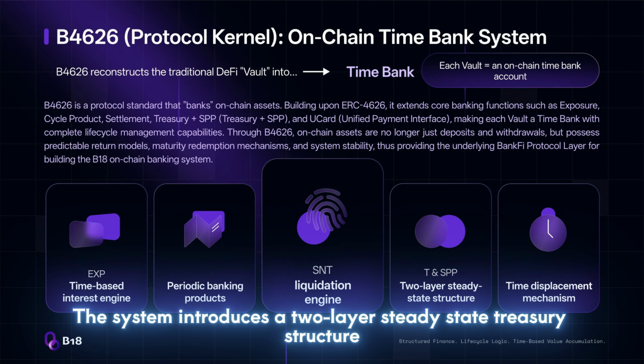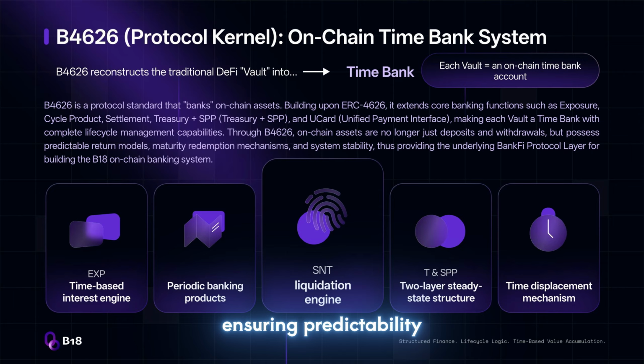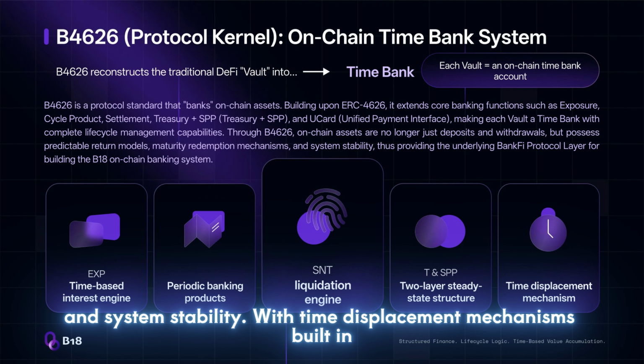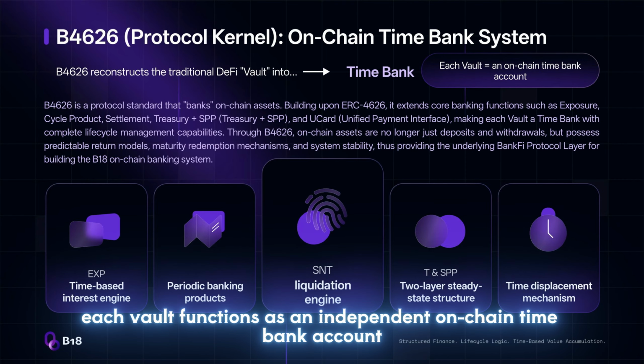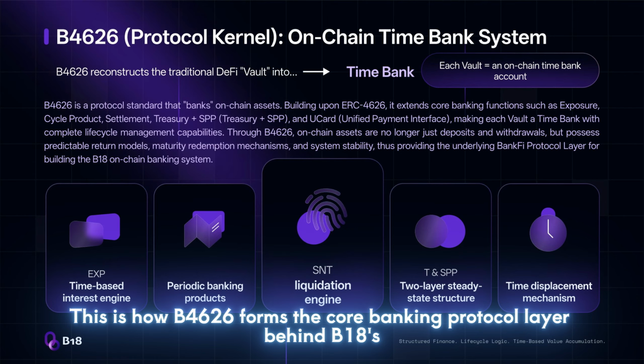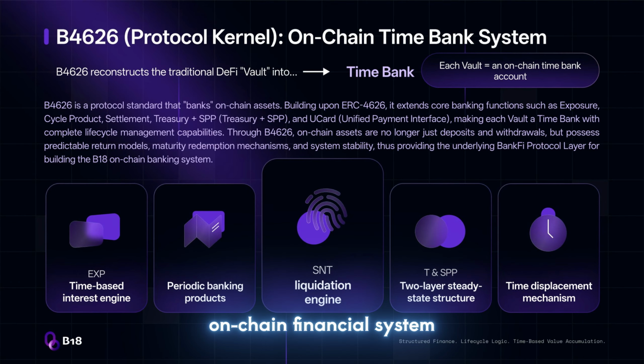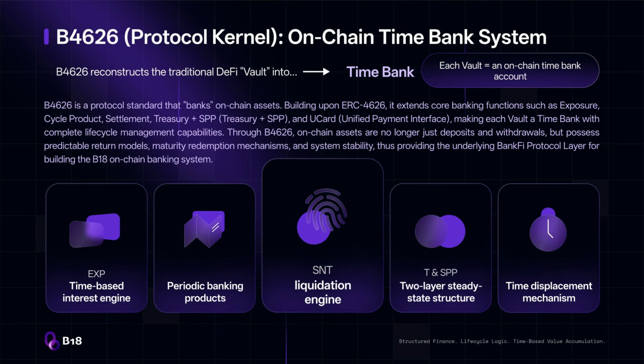The system introduces a two-layer steady-state treasury structure, ensuring predictability, maturity redemption, and system stability. With time displacement mechanisms built in, each vault functions as an independent on-chain time bank account. This is how B4626 forms the core banking protocol layer behind B18's on-chain financial system.